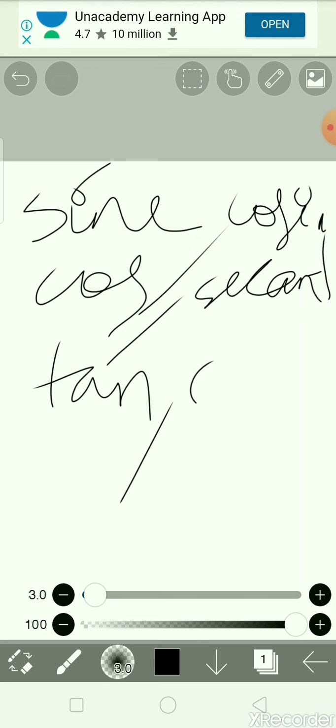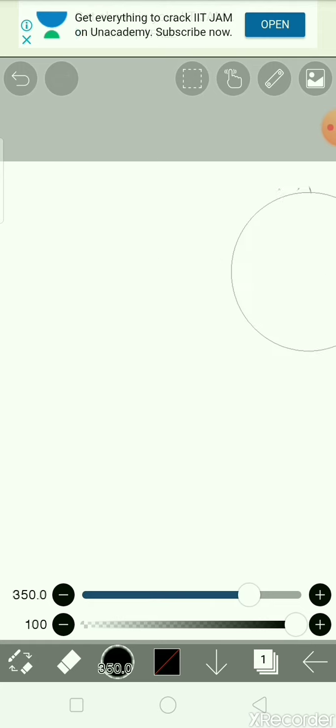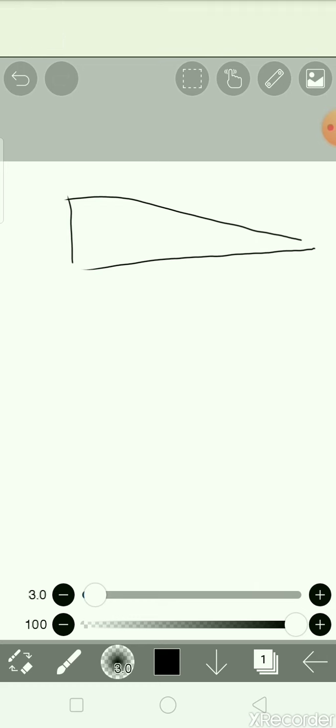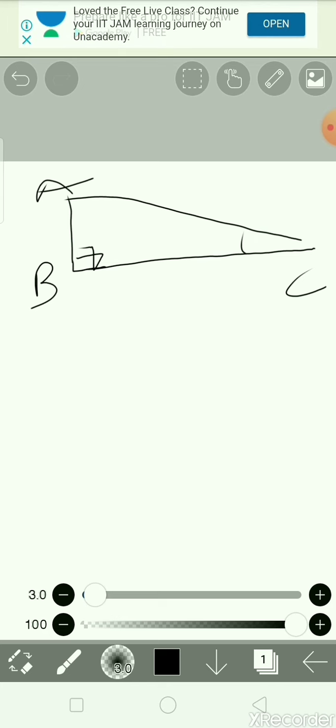Here is a right angle triangle ABC right angled at B. Angle BCA is angle theta. Angle opposite to angle theta is AB and adjacent to it is BC, and AC is the hypotenuse.